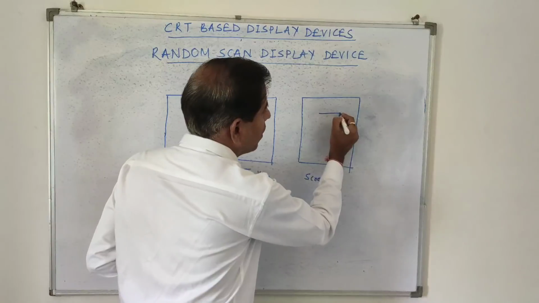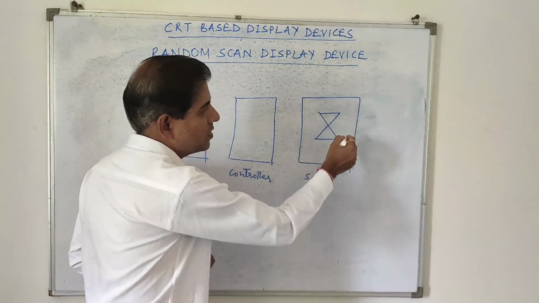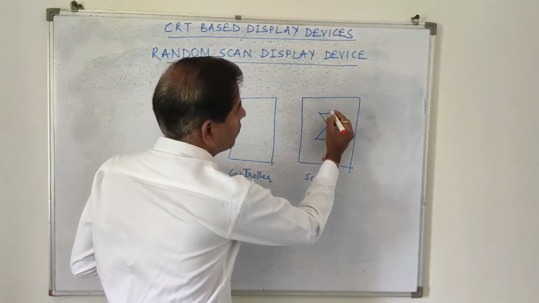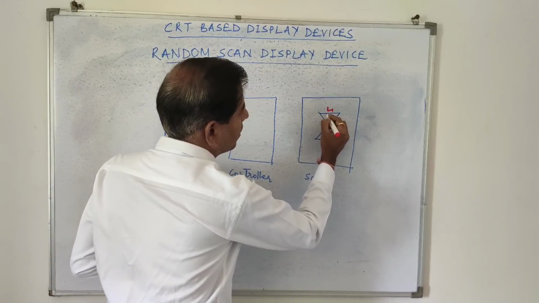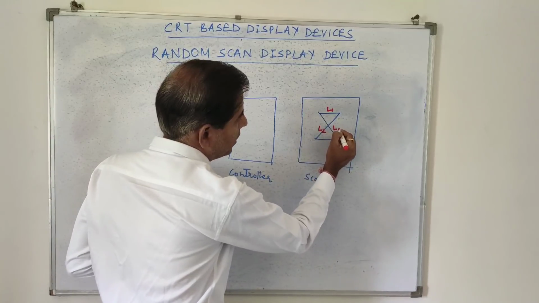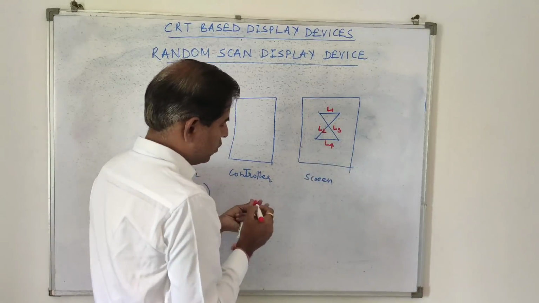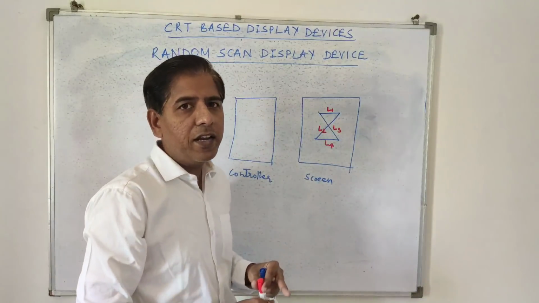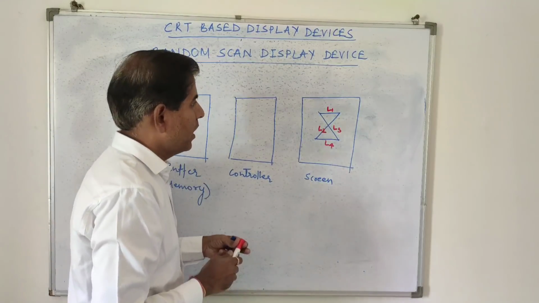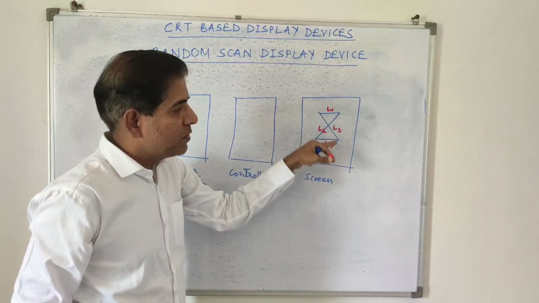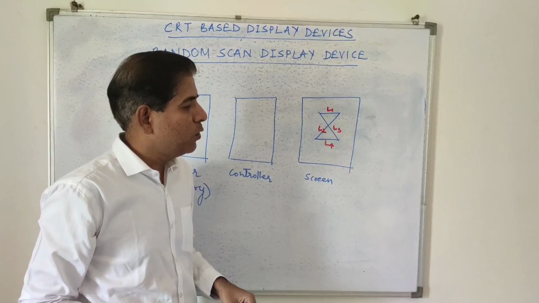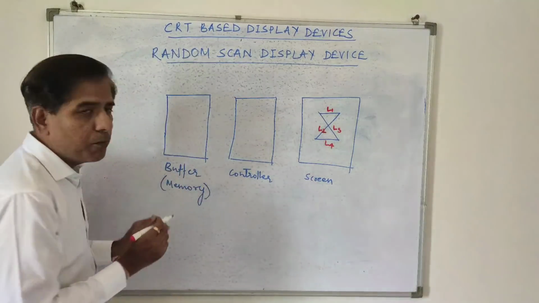That means if you draw these 4 lines, this particular entity is made up of 4 lines. Say this line is L1, this line is L2, this line is L3, and this line is L4. So I have made one entity which is made up of 4 lines. The coordinates or the positions of L1, L2, L3 and L4 are stored in the memory.